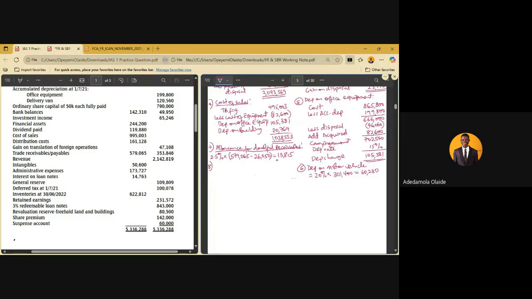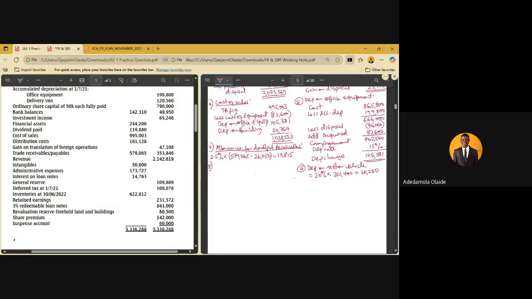But if this is not the first year, then we would need to calculate the change to our allowance. If it is increasing, the increase in the allowance, that is the difference between this figure we just calculated and the figure in the trial balance, if the figure in the trial balance is lesser than this figure we just calculated, that increase is what we'll take to our SOPL.